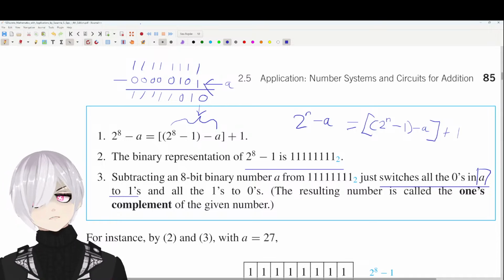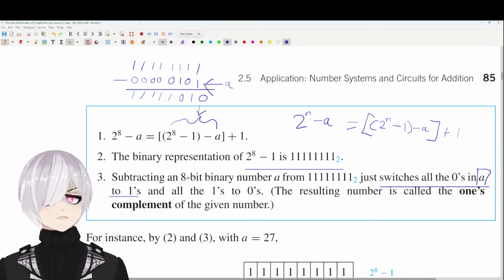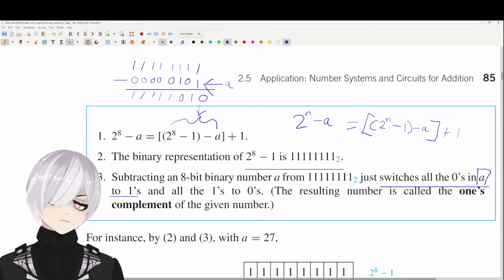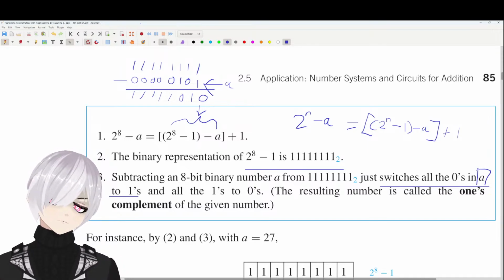So what happens if A is 0? I guess by definition we can't let A be 0, because the 2's complement is only defined for a positive integer.